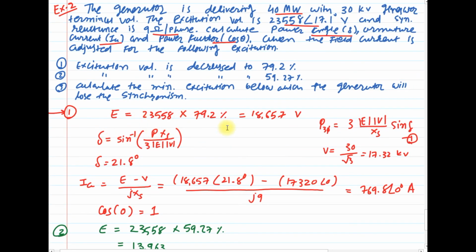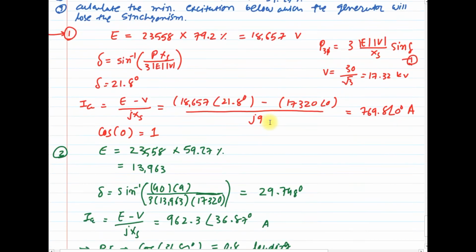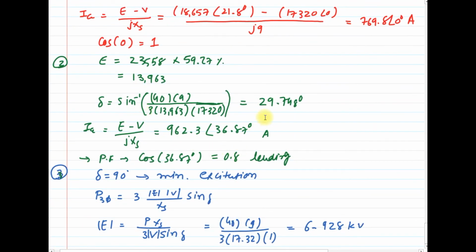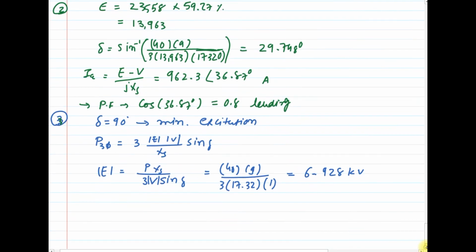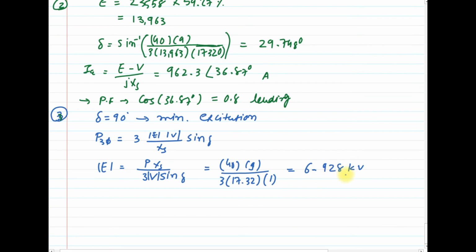In first case we will get around 18.65 kV. Then in second case the excitation voltage is 13.9 kV, and the minimum one, which is 6.92 kV, at which we can say that we will lose the synchronism if we further reduce the excitation, or if we further increase the power angle delta.